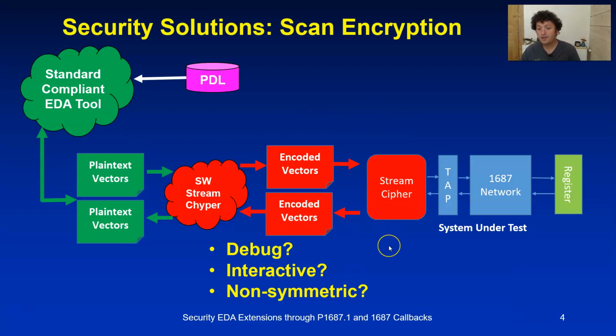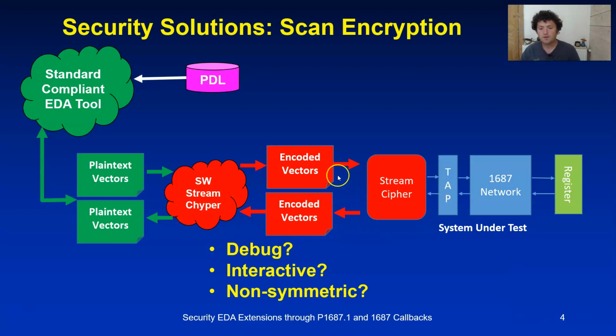So a possible malicious user or an attacker won't be able to directly access the data. The problem is that this encryption is not standard compliant, so it cannot come from your EDA tool. You need some custom code that will take care of encrypting the vectors that need to go through the system and decrypt the vectors that come back.